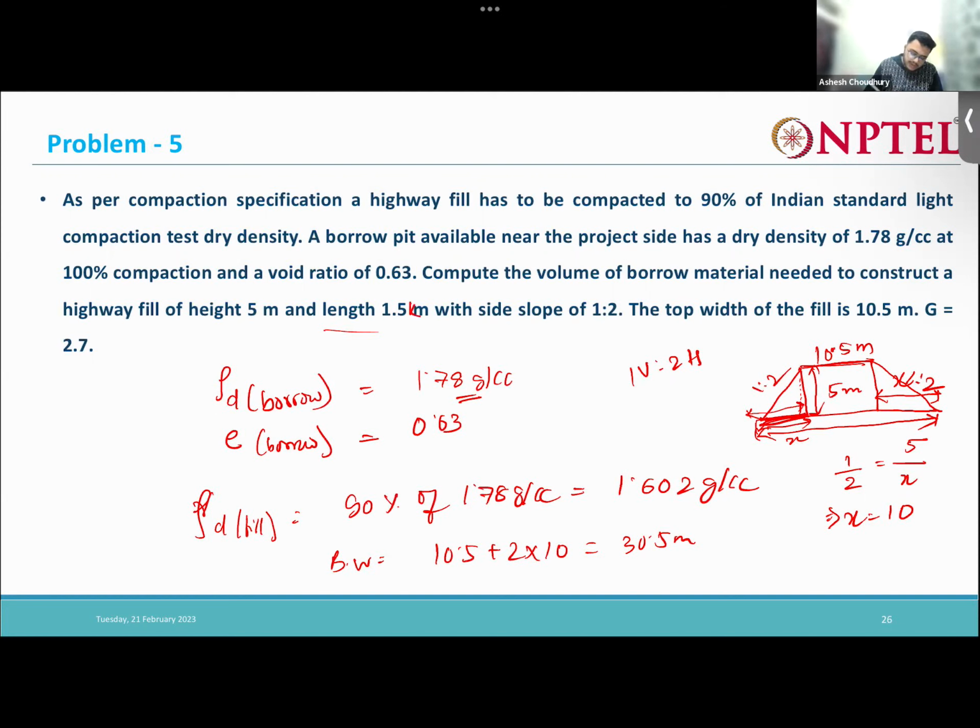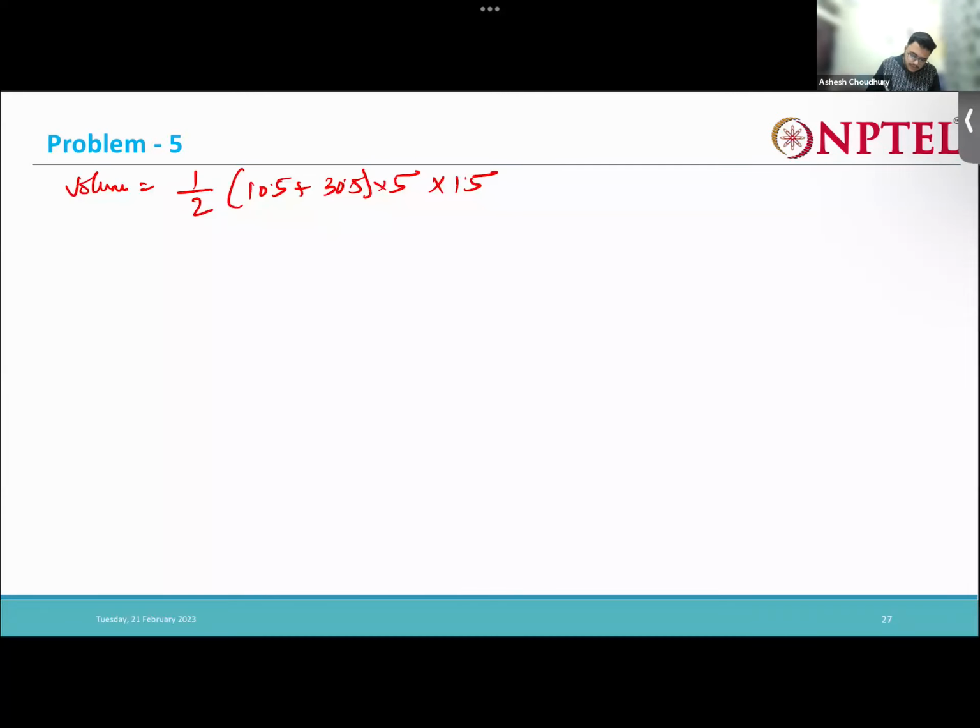It should be 1.5 km, so it's 1.5 into 1000, 1500. So my volume comes out to be 153750 meter cube.